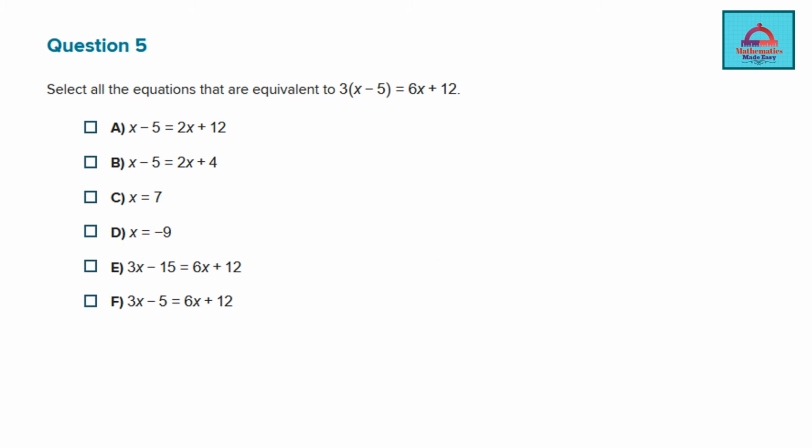Okay, now we'll solve this question. Since you see brackets, you have to apply the distributive property. So you multiply 3 with x to get 3x, 3 with 5 to get negative 15, which is equal to 6x plus 12. Now this is from the lesson where you have variables on both sides. So you will collect this, move it here and collect 12 on the other side.